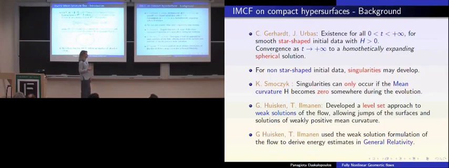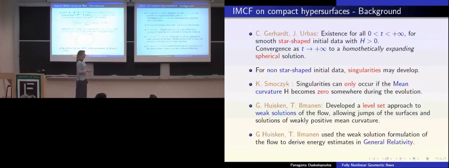Now, in general, non-star-shaped initial data may produce singularities, and Smoczyk showed that singularities can occur only when the mean curvature goes to 0, which we expect, of course, because if H is positive, then the PDE is strictly parabolic, and parabolic regularity gives us a smooth solution.